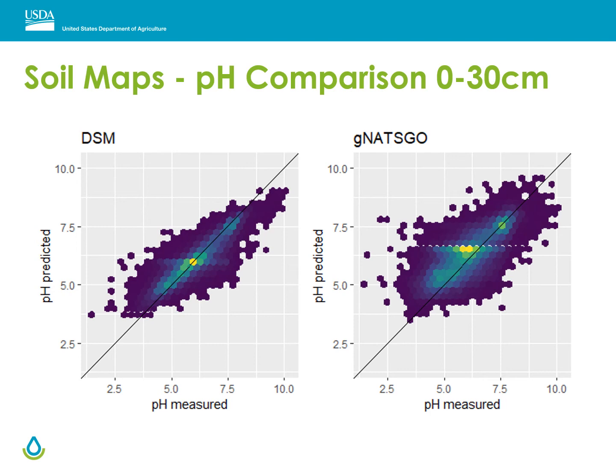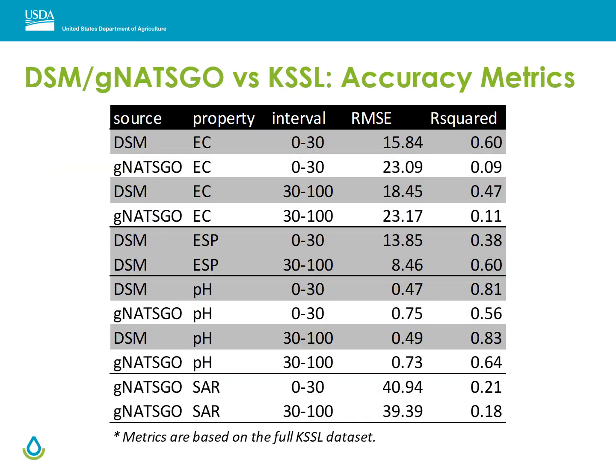What we're hoping to see in a figure like this is a tight cluster of points along the one-to-one diagonal line. Both the digital soil map and GNATSCO seem to do an adequate job, which corresponds with the map we looked at earlier. However, if we look at several accuracy metrics, we get a more objective assessment. In every case, the DSM predictions are higher, and like we saw earlier, the EC predictions from GNATSCO aren't so great.